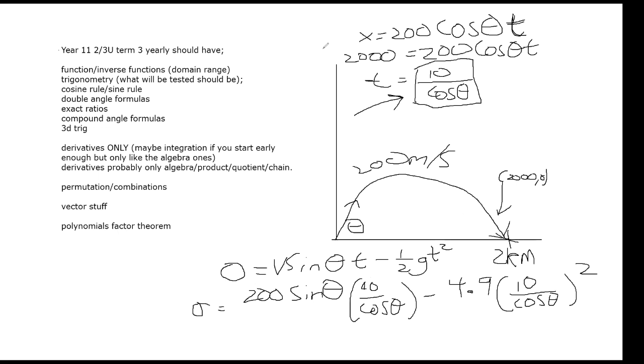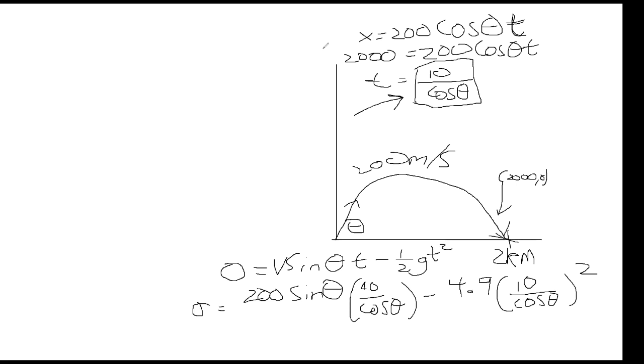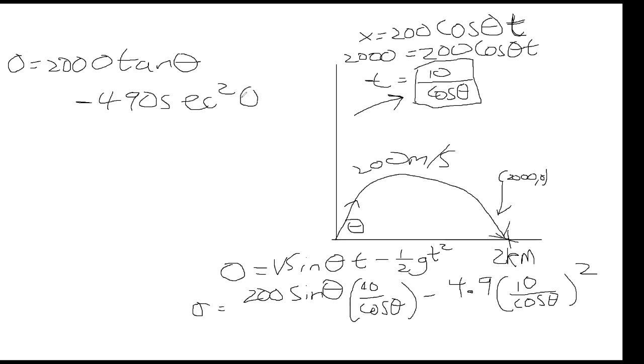The nice thing about why we always want our time to be something over cos theta is that if we simplify the equation, when I multiply this out, this is going to be tan theta, and then minus 490, and then sec squared theta, because 1 over cos squared is sec squared.